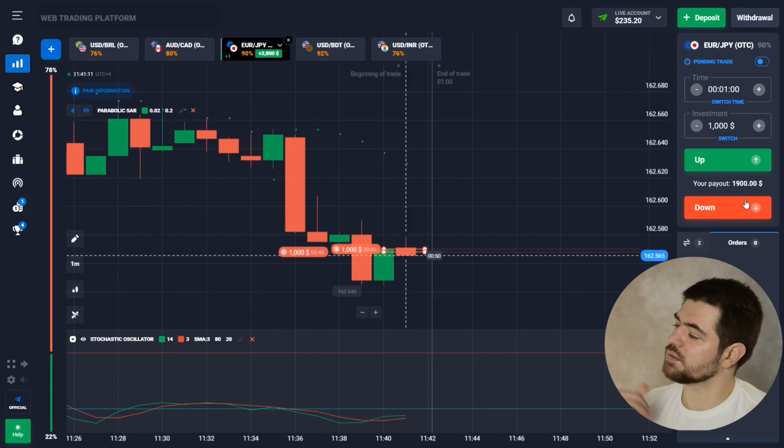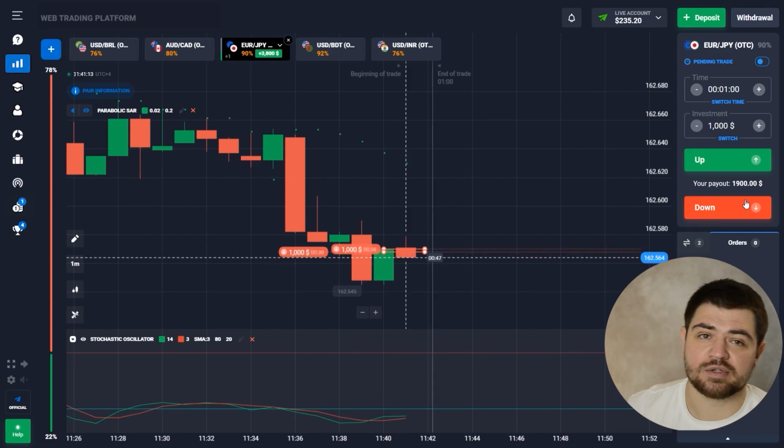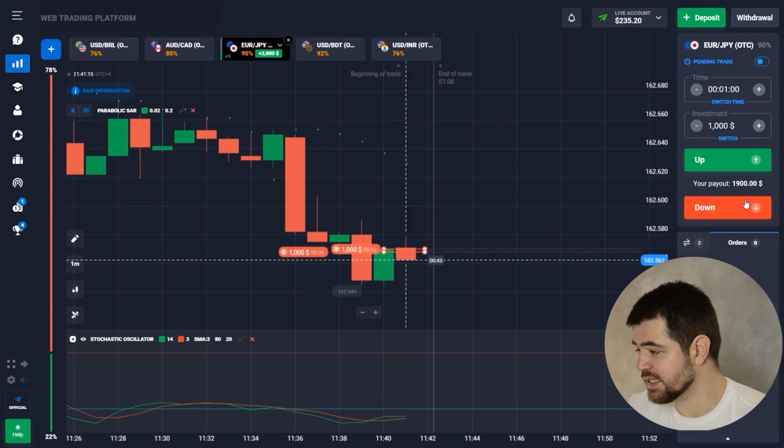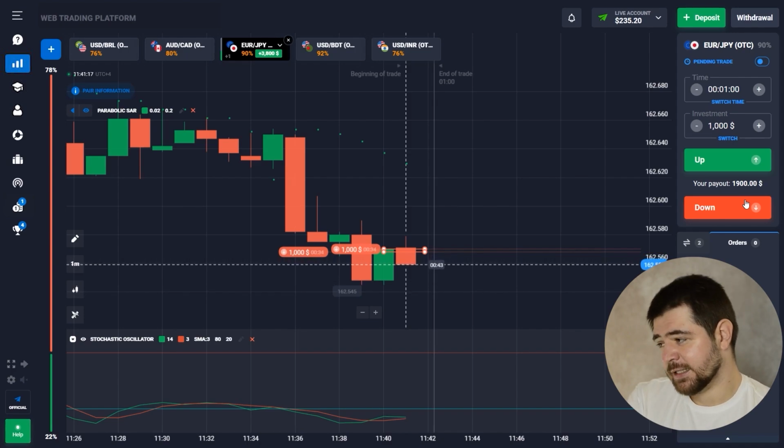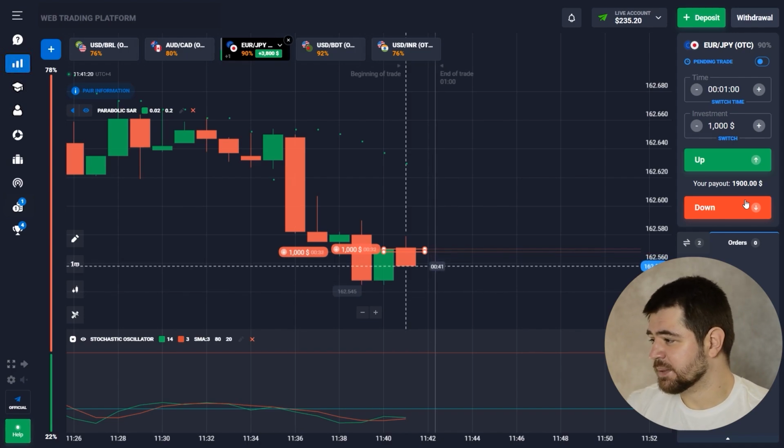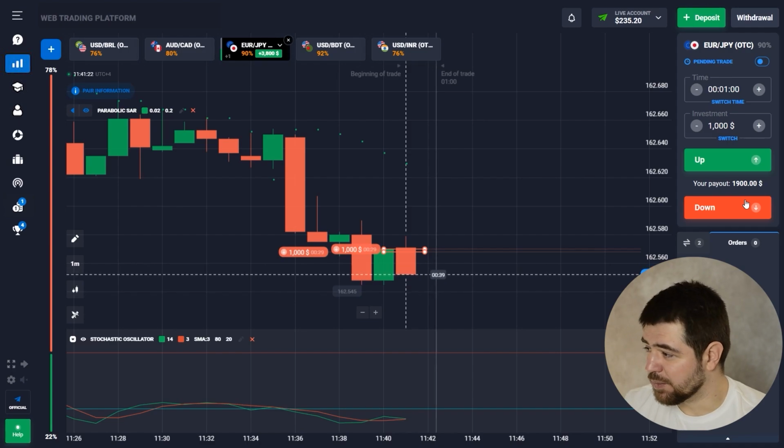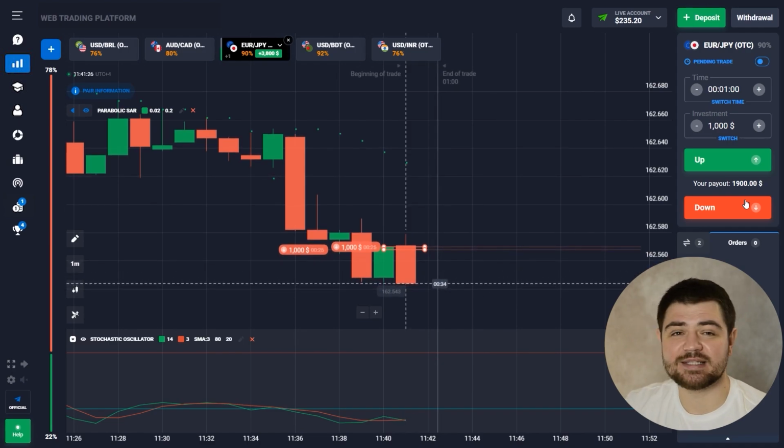Let's see how that turns out, but from what I see, it's basically a situation where probably a downtrend will continue for now. Let's wait and see.